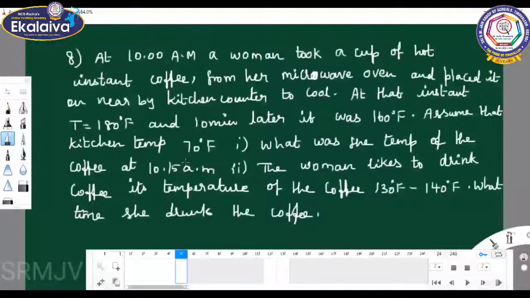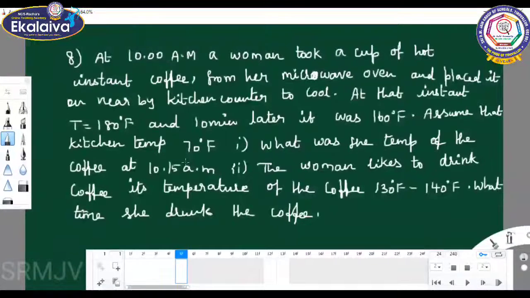See the eighth sum. At 10 a.m., a woman took a cup of hot instant coffee from her microwave oven and placed it on a nearby kitchen counter to cool. At that instant, T equal to 0, the temperature is 180 degrees. After 10 minutes, it was 160 degrees. Assume that the kitchen temperature is constant at 70 degrees.